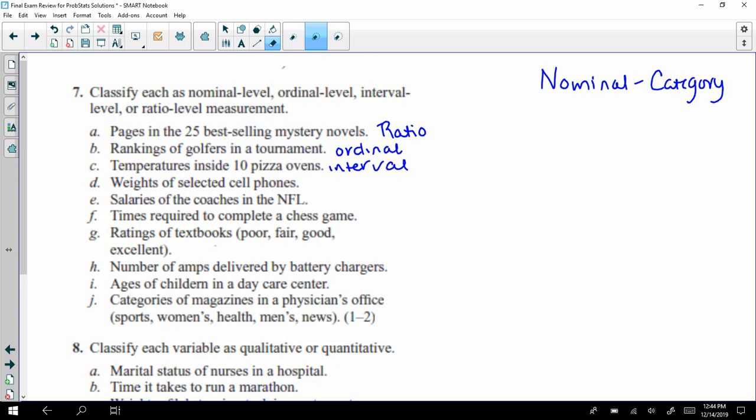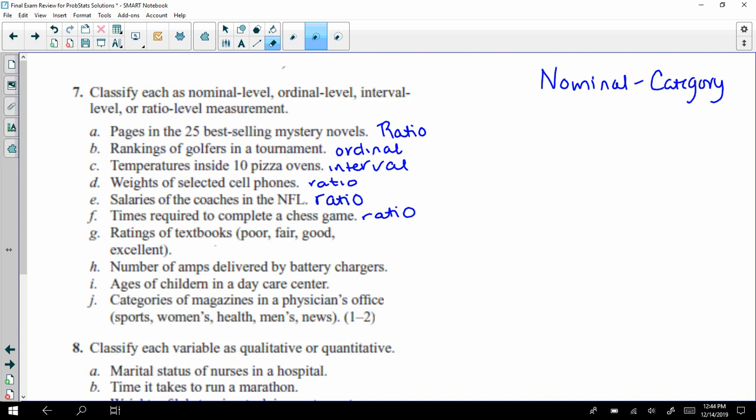Weights of selected cell phones. Any weight would be ratio as well because there is a true zero. Salaries of the coaches in the NFL, that's also a ratio. I guess someone can earn $0. Times required to complete a chess game, that is also ratio.